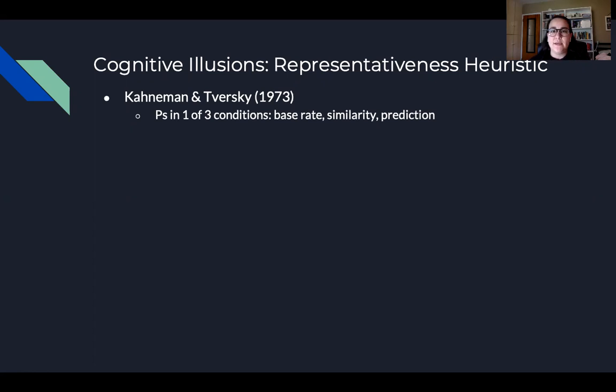They demonstrated people's use of the representativeness heuristic in a series of studies. In one of these studies, they used undergrad students and assigned them to one of three conditions: the base rate condition, the similarity condition, or the prediction condition.